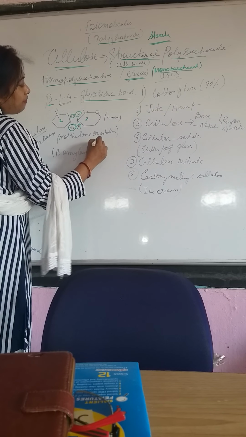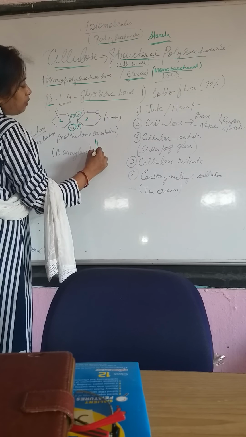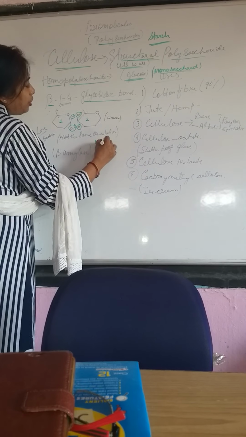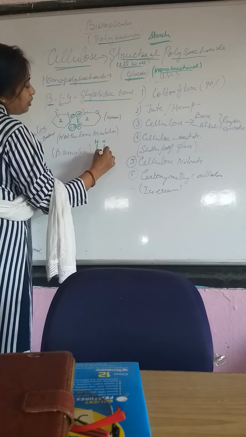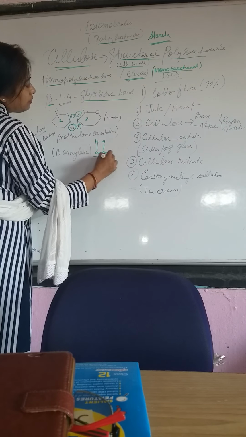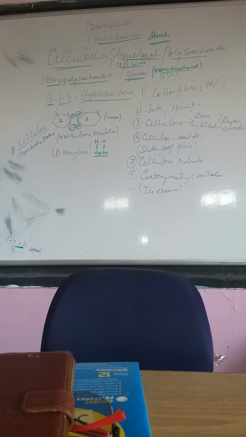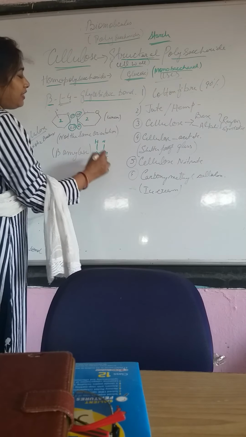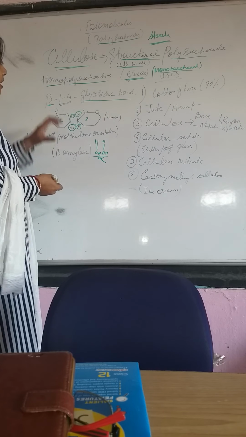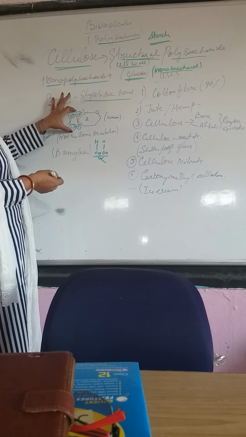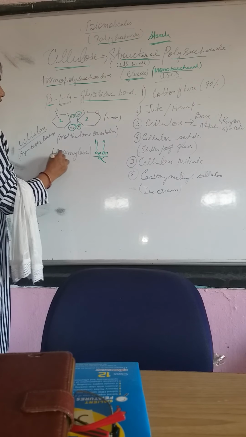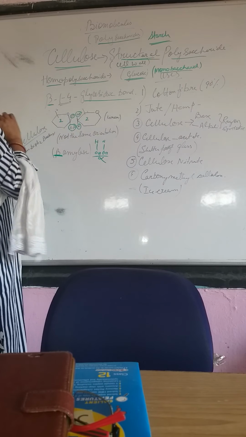Earlier we had H on one and OH on the other, and again H here and OH here. That was the orientation of the functional group earlier, and in that case we would have the alpha bonding. But here, since the orientation is not the same in these two molecules, we have the beta bonding.